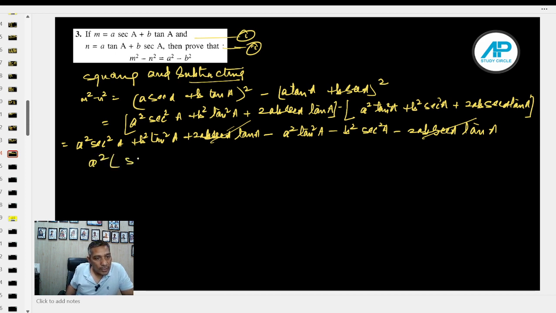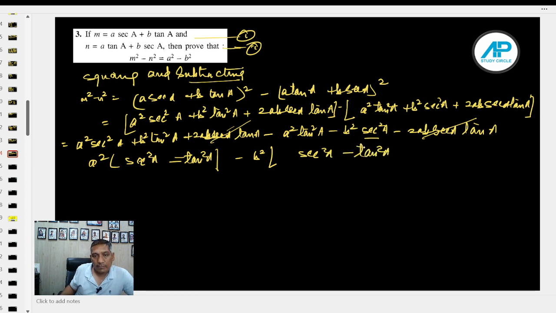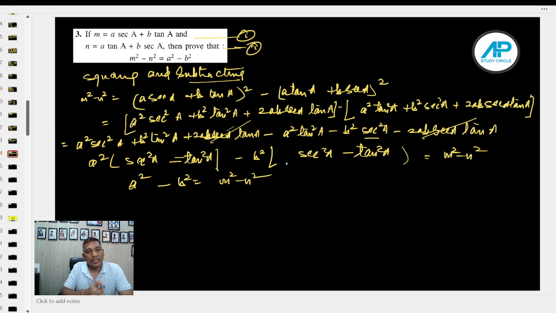Take out a squared common. So you can see it is giving us 1. And now what you should do is take out minus b squared common. That makes it sec squared A minus tan squared A. And this all is equal to m squared minus n squared. So a squared minus b squared equals m squared minus n squared.